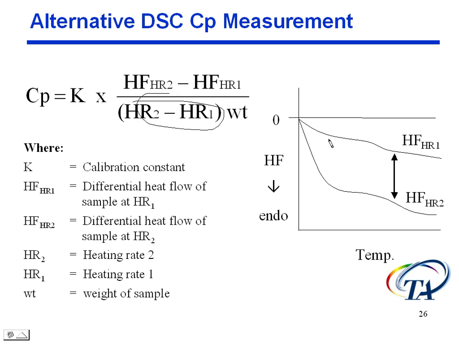Now think of this as our modulated experiment where we are modulating here. So we're seeing these two heat flows because we modulated up and down between these two heating rates. So that's an alternate way to look at heat capacity, and that's how we're doing it here.